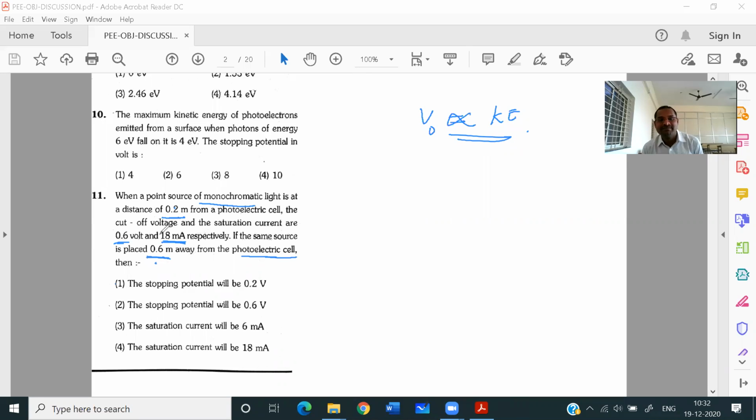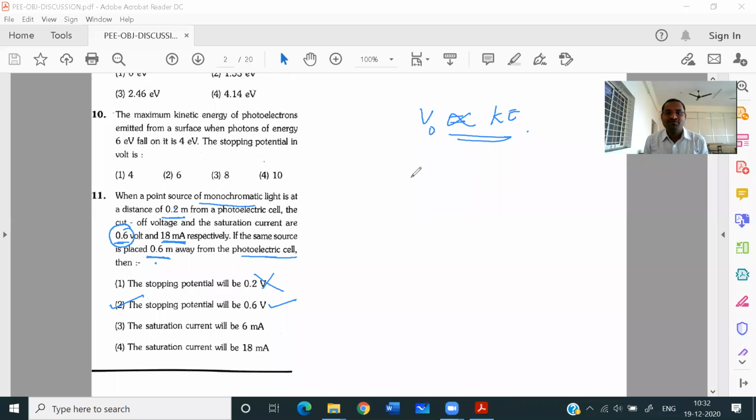So stopping potential remains the same. First the stopping potential was 0.6, so it should be the same. It is option 2. Stopping potential depends only on the kinetic energy of emitted electrons, not on the distance. That is the reason why it is 0.6 volt.